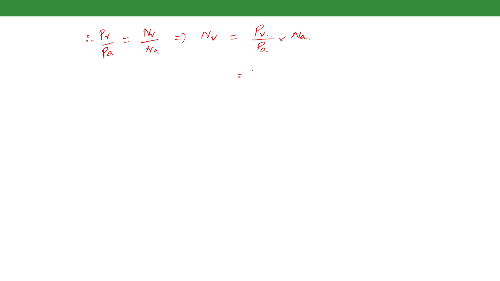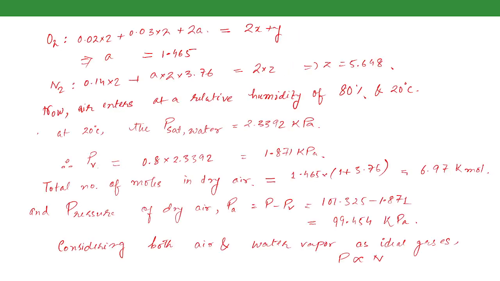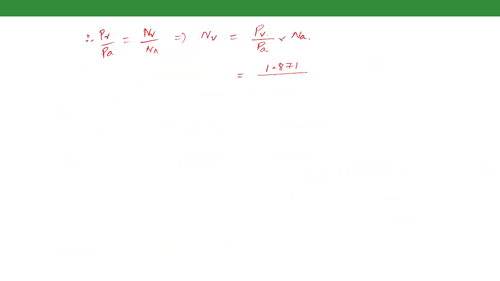Putting the values, 1.871 by 99.454 multiplied by 6.97, this comes out to be 0.1311 kilomole.